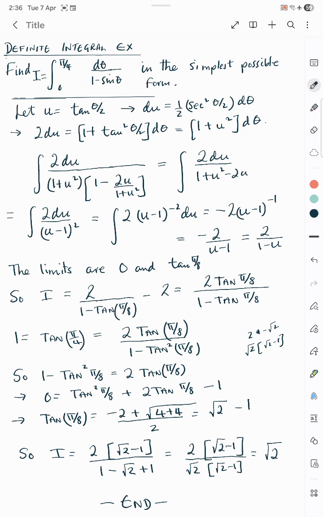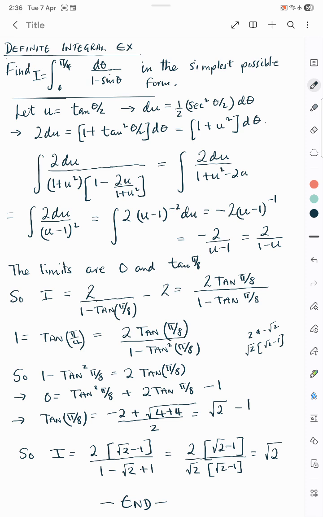And then getting everything to one side, we have a quadratic equation. 0 equals tan squared pi over 8 plus 2 tan pi over 8 minus 1. And therefore, using the quadratic equation formula, tan pi over 8 equals minus 2 plus the square root of 4 plus 4 all over 2, which equals square root of 2 minus 1.